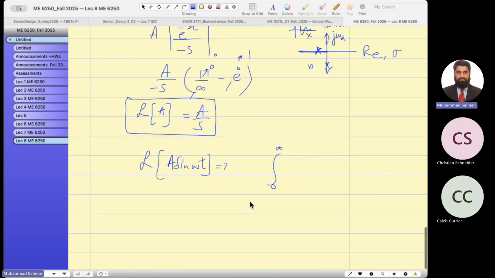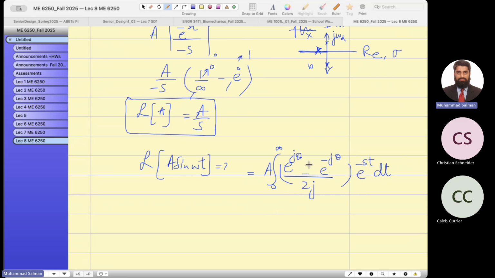So let's write it down here: e to the j theta minus e to the negative j theta over 2j, and a is outside the parentheses. So this would be the formula.